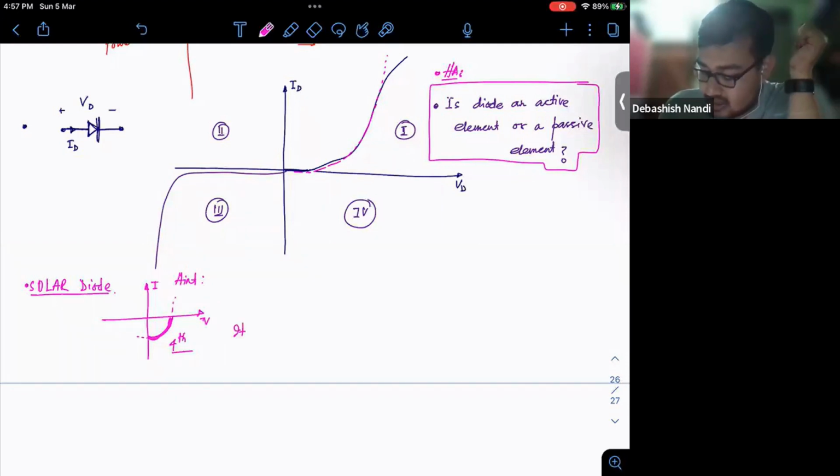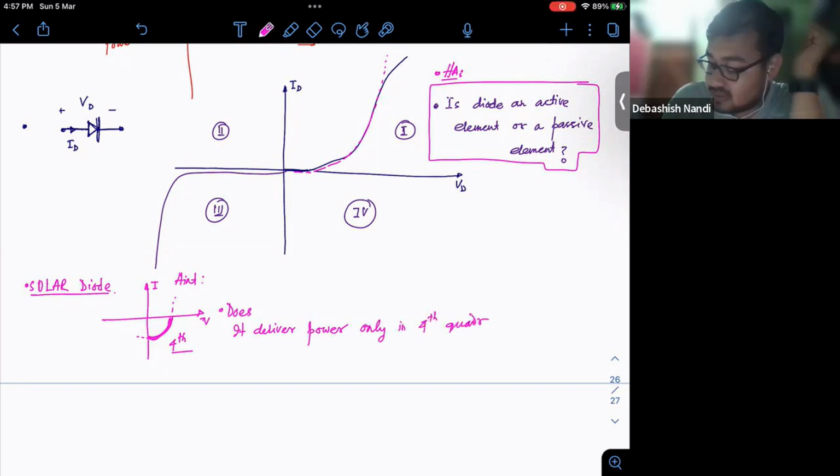Does it deliver power only in the fourth quadrant? Is it an active device?